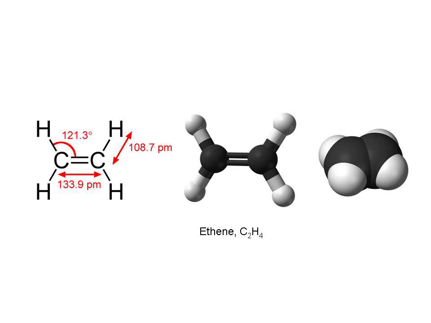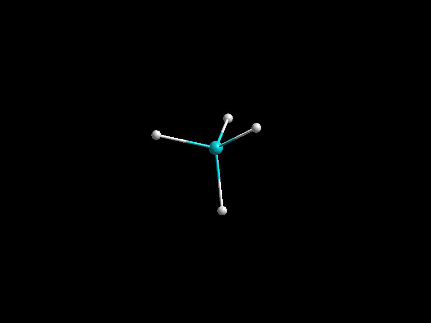The double bonds are usually shown like 2 identical lines, but they're not identical as we've seen before. One of them is a sigma bond, one of them is a pi bond, 2 different types of bonds. But the molecule forms a planar structure. The sp2 hybridization, because of its nature, has a planar structure, as we've seen before.